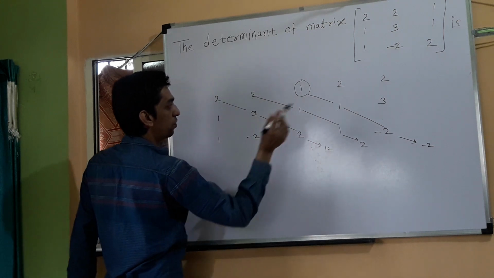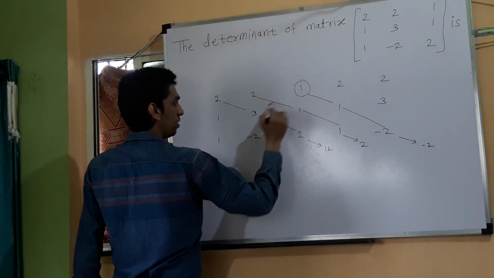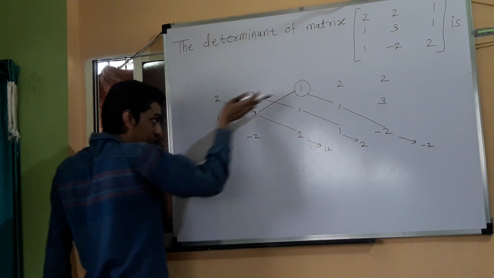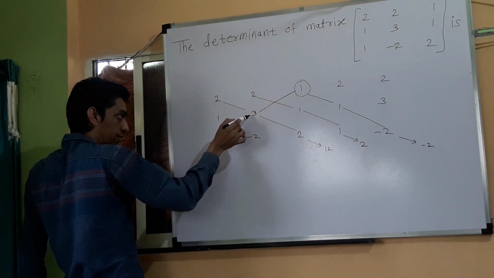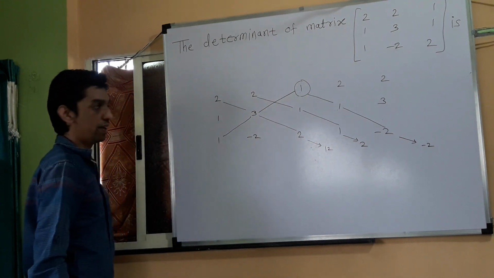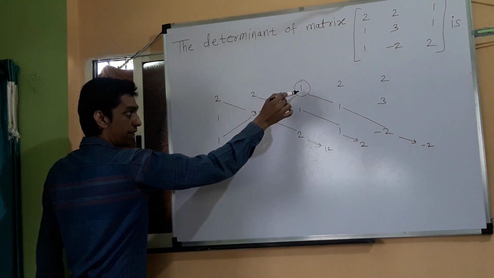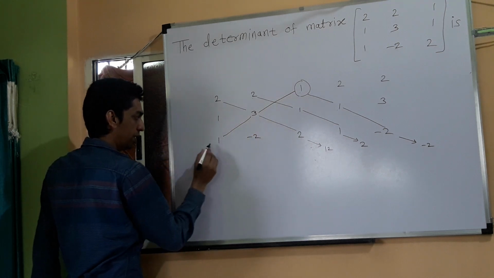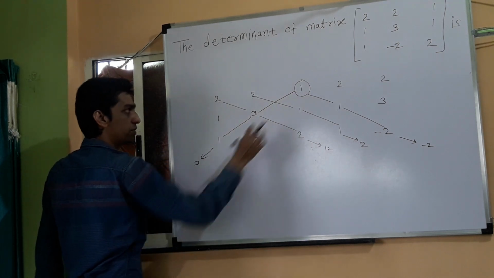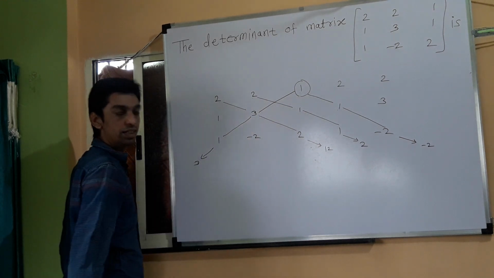See here, from this element we go to the left-hand side diagonally. Multiply this: 1 into 3 into 1 is 3.